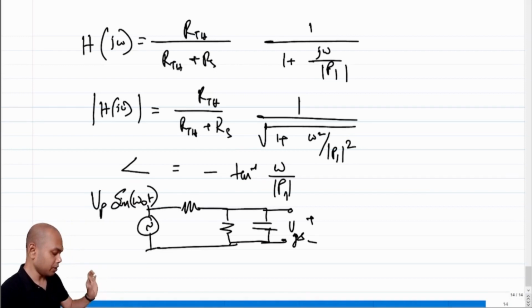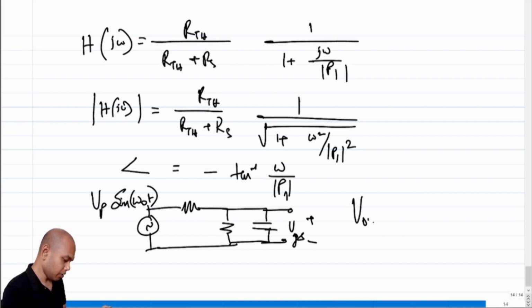If the input is Vp sine omega naught t and I know the transfer function, what is the amplitude of the sinusoid that I am going to see at the output? At the output I am going to see some VO sine omega naught t plus phi, right?